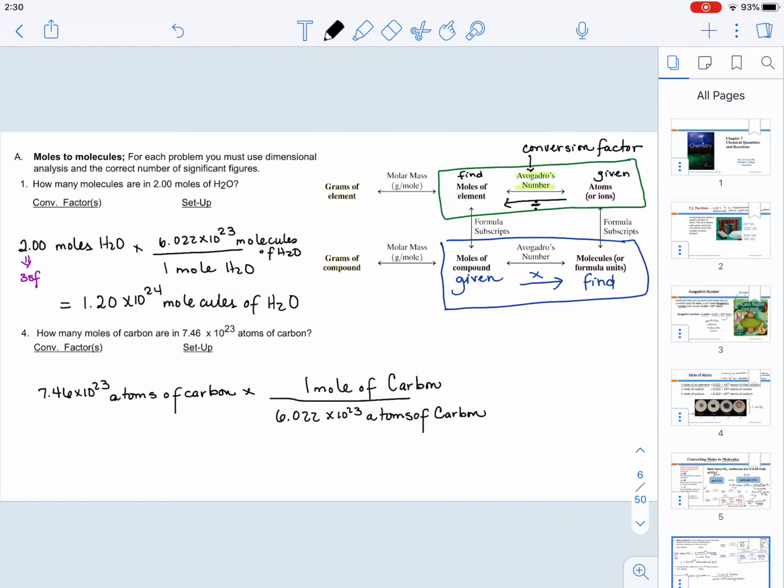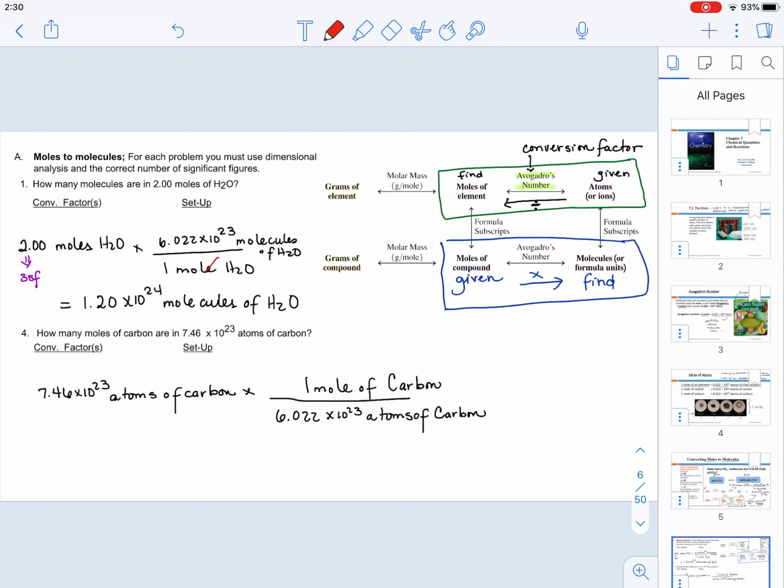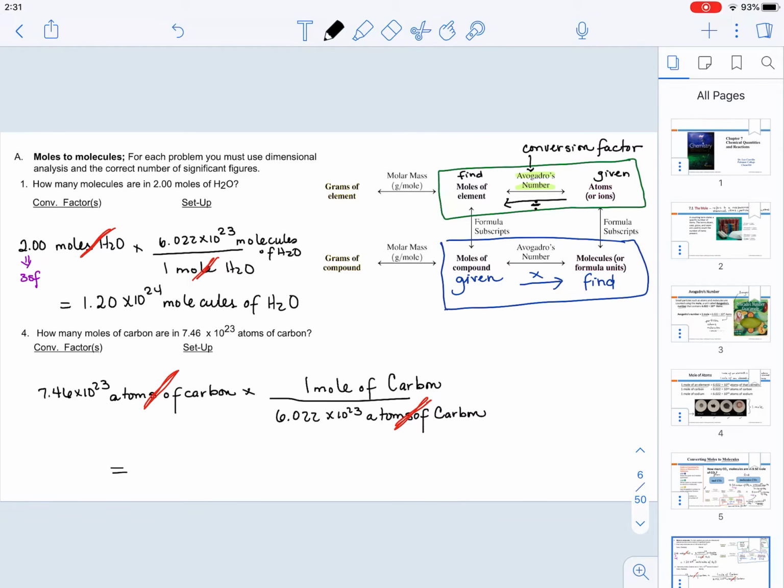When this happens, we can cancel units. Atoms of carbon cancel with atoms of carbon, so the final answer is going to be in moles of carbon.